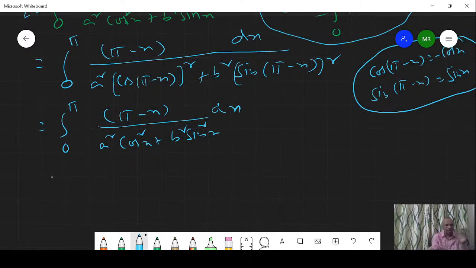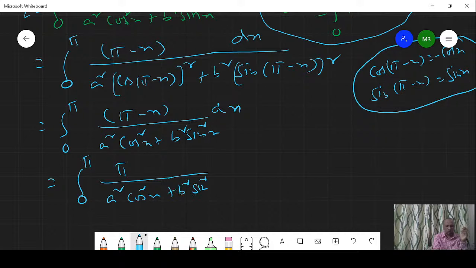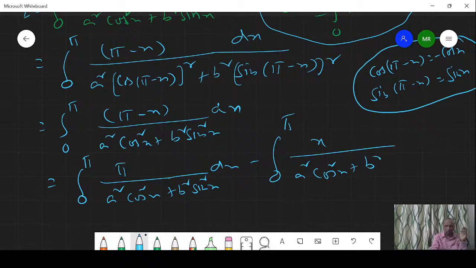This I can write as integral 0 to pi, pi by a square cos square x plus b square sin square x dx, minus integral 0 to pi, x by a square cos square x plus b square sin square x dx.